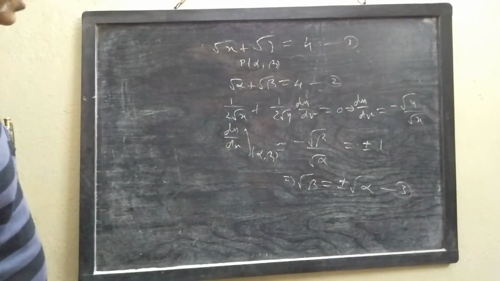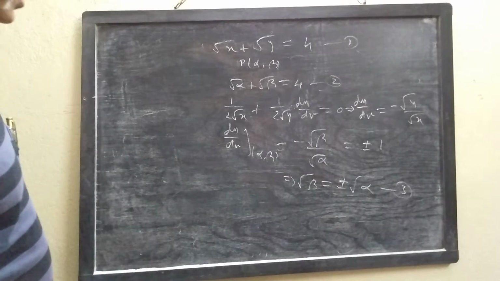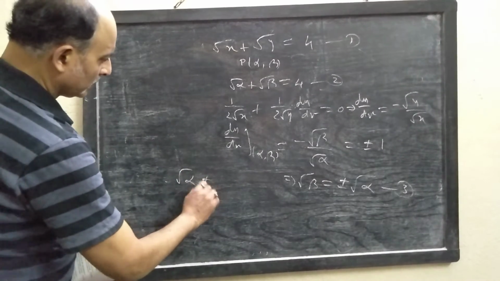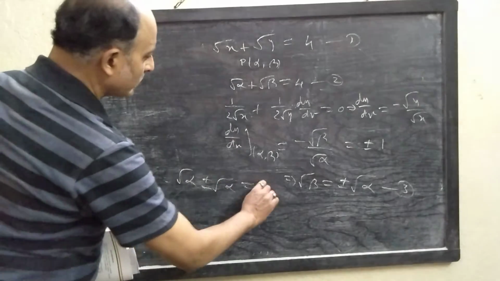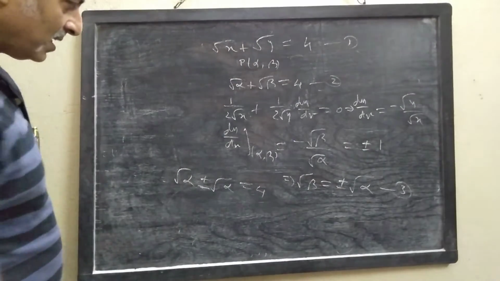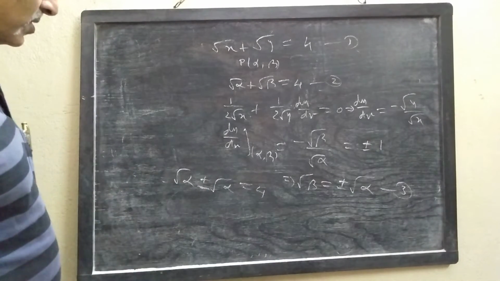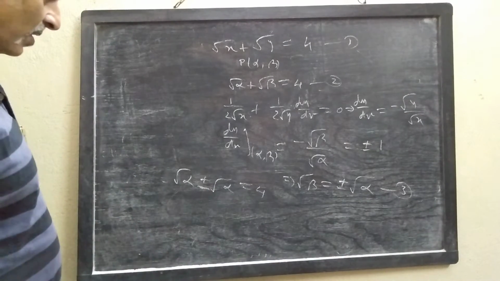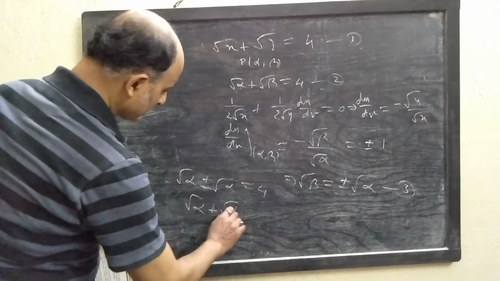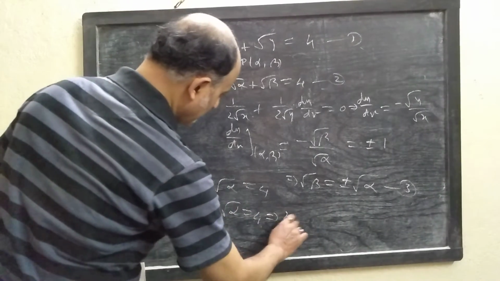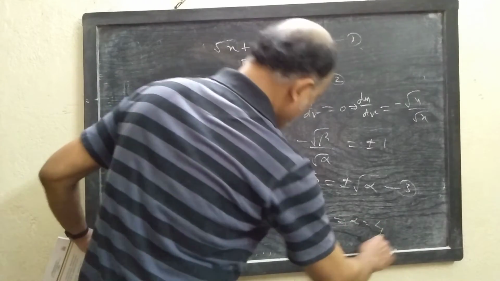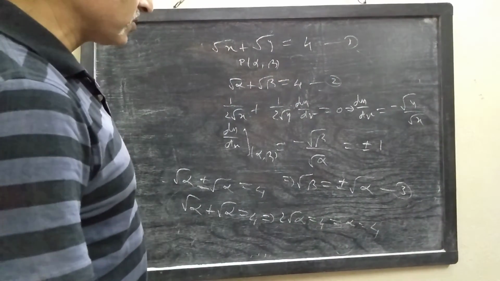Now, eliminating beta between 2 and 3, we get root alpha plus minus root alpha equals to 4. Now look, if you consider minus sign, then this will be meaningless because 0 equals to 4, that has no meaning. So, we ultimately get 2 root alpha equals to 4. That gives us root alpha equals to 2, so alpha equals to 4.